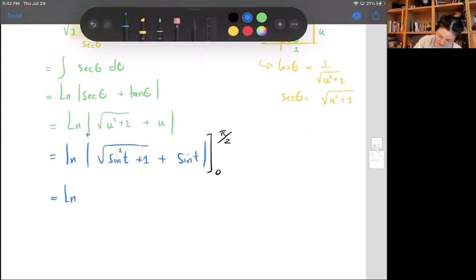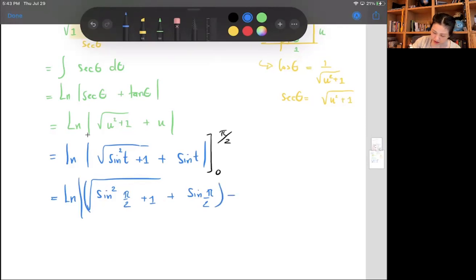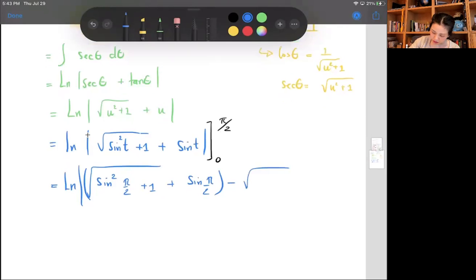Upper limit first: the square root of psi squared of pi half plus 1, don't forget the square root, plus psi of pi half, minus the lower limit, which is the square root of psi squared 0 plus 1, plus psi of 0.